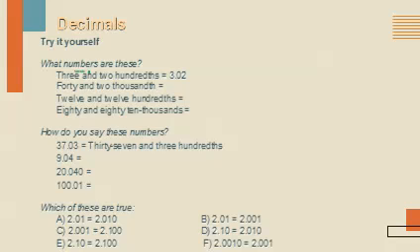So everything to the left is the whole part, and everything to the right is the decimal part. What do I have in the whole part? I have 3. So this is 3 point. They said that we have 2 hundredths. So the only thing that I have is 2 in the hundredths, so the tenths digit is 0.